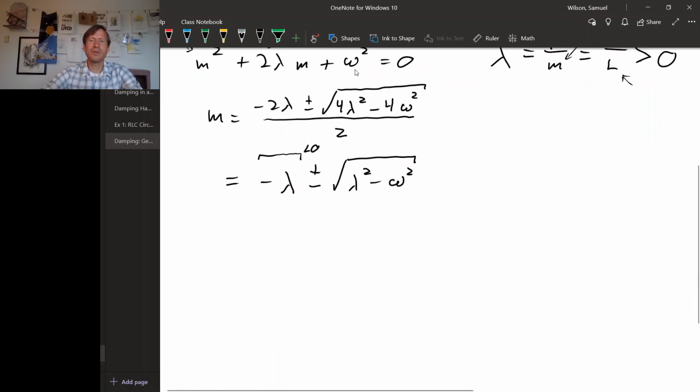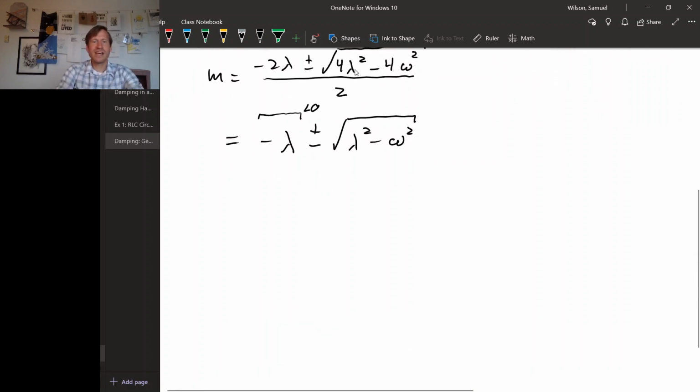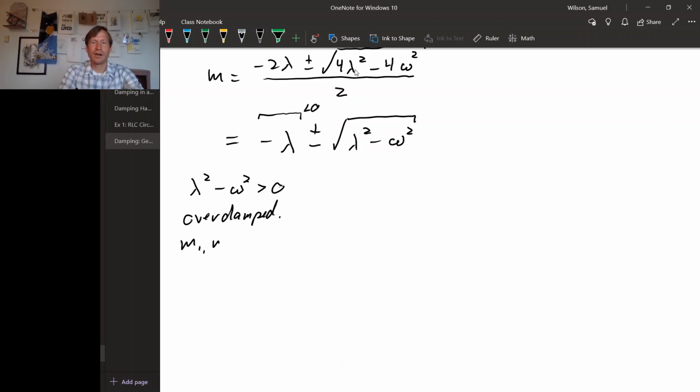So we've seen there are 3 different cases. The first case is when the stuff in the square root is positive. So if lambda squared minus omega squared is positive, that's the overdamped case. In that case, you get 2 values for m, and they're both real.